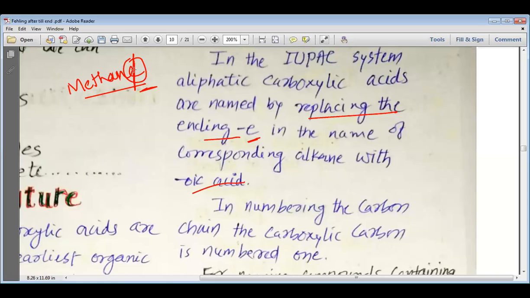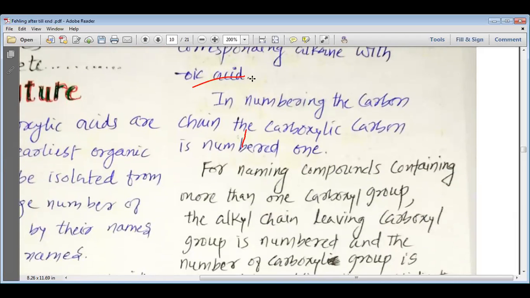Suppose you have methane, that represents one carbon. Now you remove this E and add oic acid. So it turns out to be methanoic acid. This is how, my dear students, you write ethanoic, propanoic, butanoic, pentanoic, hexanoic, heptanoic, octanoic, decanoic. This is how we understand the nomenclature system in IUPAC.